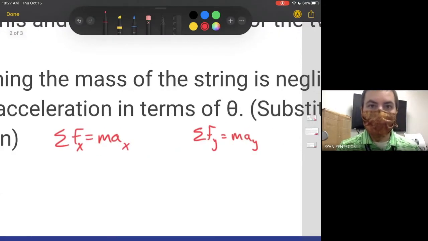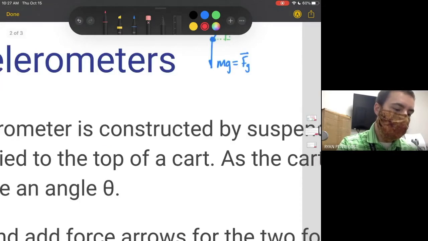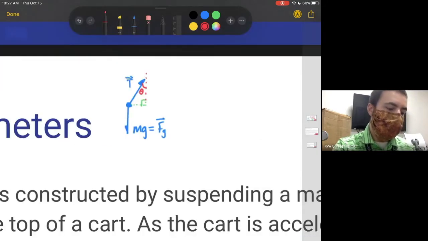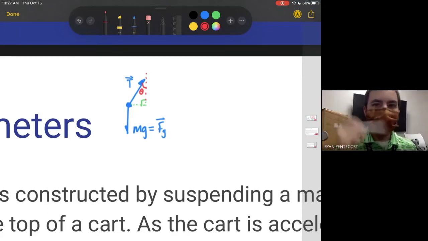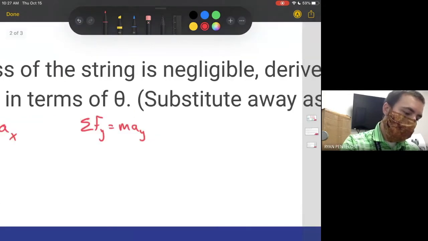So what we'll do is we'll start with summation of forces equals ma, right? We'll separate that into the x and y dimension. Now in the y, okay, that's where we have mg. There is also no acceleration, right? It's accelerating in the x to make that angle there, but there is no acceleration in the y because everything's going to cancel out. So let's write this out.